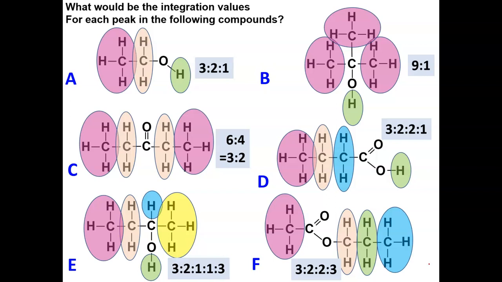And finally F, our ester, which was propyl ethanoate, the methyl group next to the carbonyl, 3 hydrogens, the methylene group next to the single oxygen, CH2 group, that's 2, the green methylene group next to the terminal CH3 is also 2, and of course the final methyl group furthest away from the oxygen is also 3 protons.